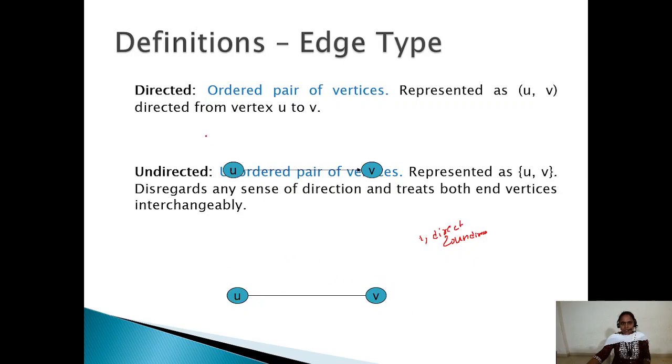Directed means only U to V, not V to U. Undirected means U to V and V to U. See the definition: an unordered pair of vertices represented as U comma V treats both end vertices interchangeably. Interchangeably means U followed by V, V followed by U. This is the undirected graph.